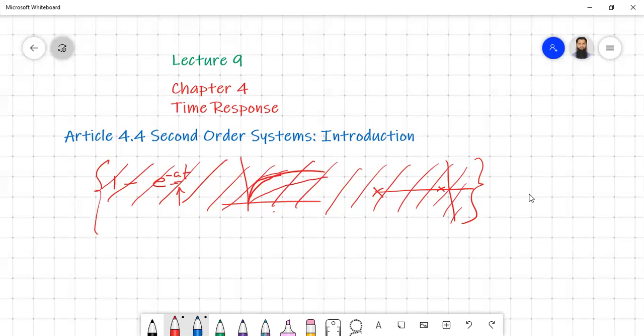So how is the second order system different from the first order system? First of all, it exhibits a wide range of responses, not only one damped or exponential nature, rather it can have free oscillation. All these kinds of possibilities are there, basically 4 of them. We'll be discussing them in detail in this section.